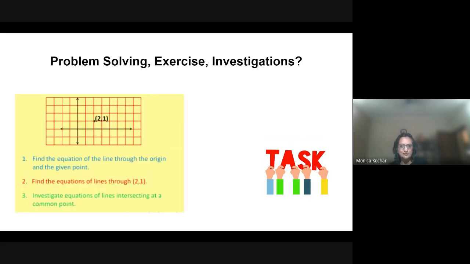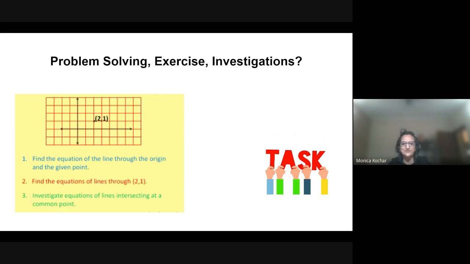Tell me, out of these three, which question is a typical exercise question? This is from Coordinate Geometry, high school. Which question is a bit challenging, so the kids are going to be forced to use problem-solving skills? And which question is open-ended, so they have to investigate and arrive at an answer?